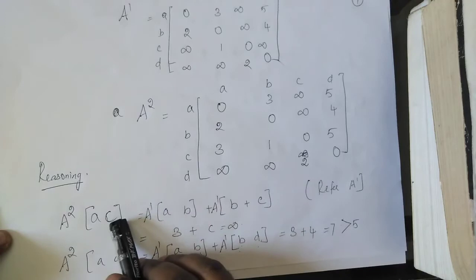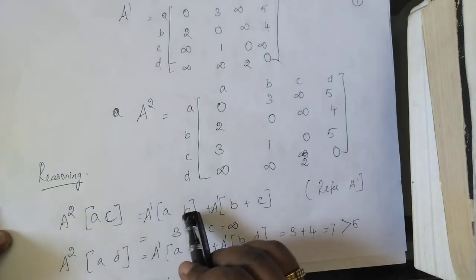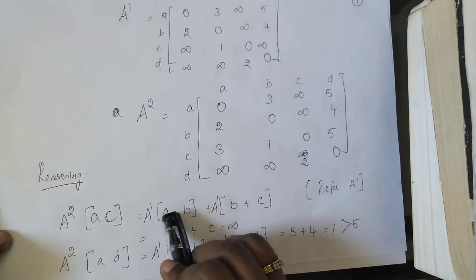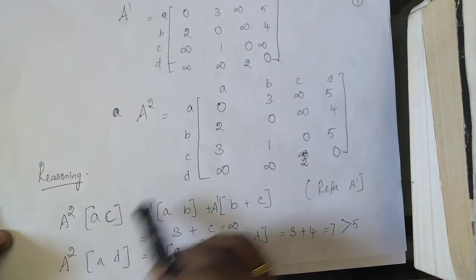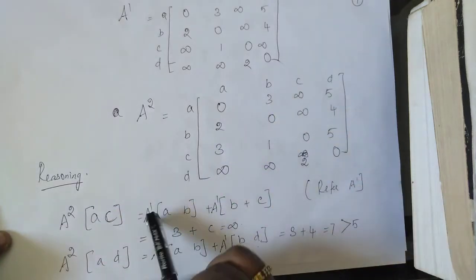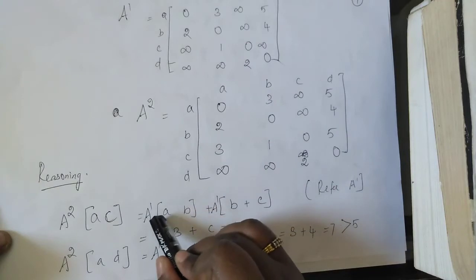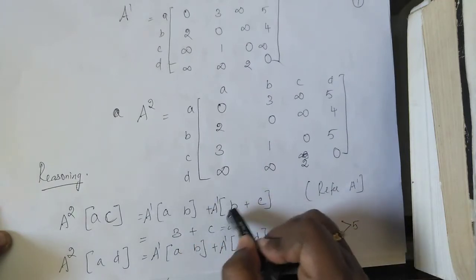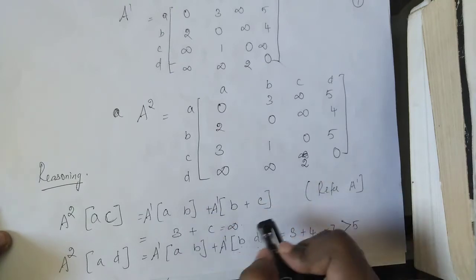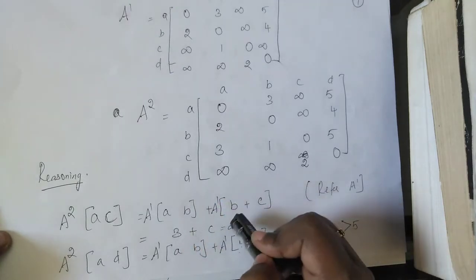The only difference is that we will try to find paths through B. So in the formula we looked at earlier, A2 of AC will be obtained as A1 of AB, so we are introducing B, plus A1 of BC. And we are trying to find if we are getting a better value.